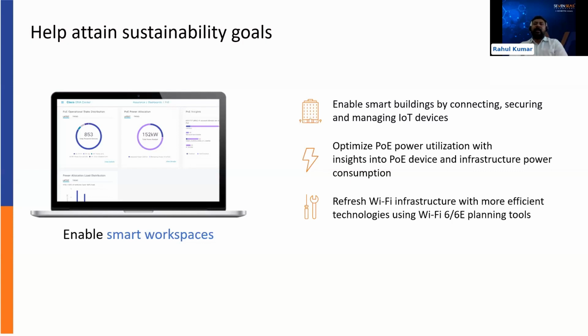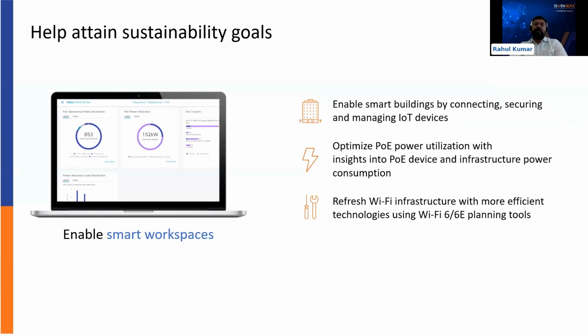As a major component of the Cisco portfolio for a smart building, Cisco DNA Center helps you connect, secure, and manage various IoT devices as well, which includes environmental sensors, and it will also enable sustainable workspaces and smart buildings for you.